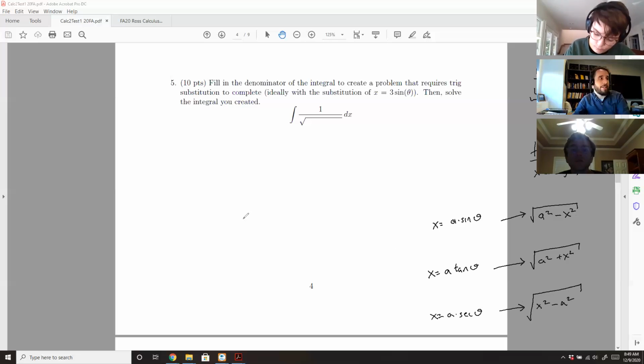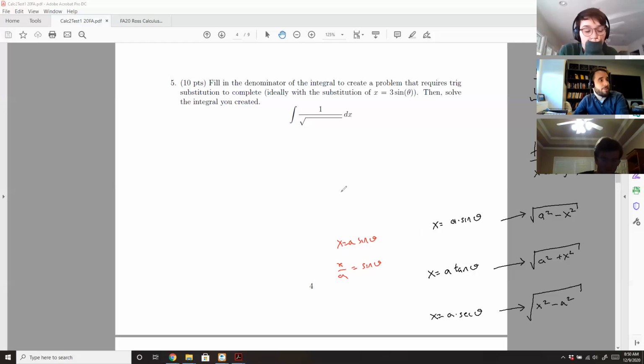Now, just to be really explicit about this, and to show you where these pop up and why these are natural, if I took x equals a sine theta, let's use that one as our example. For x equals a sine theta, that would mean that x divided by a equals sine theta.